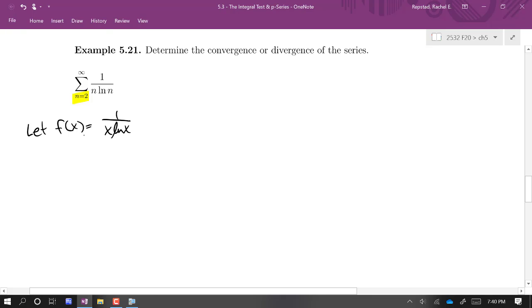Now, when x is at least as big as 2, f of x is definitely positive and it is continuous. Both x and ln x are positive for values at least as big as 2. So that means the whole function has got to be positive.